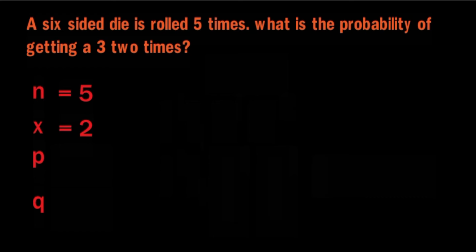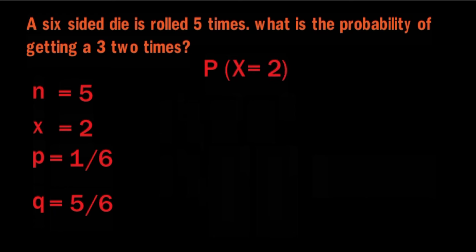P is the probability of success for the outcome, which is the probability of getting a 3: 1/6. So the probability of failure q is 5/6. We want to get a 3 two times, so x equals 2.